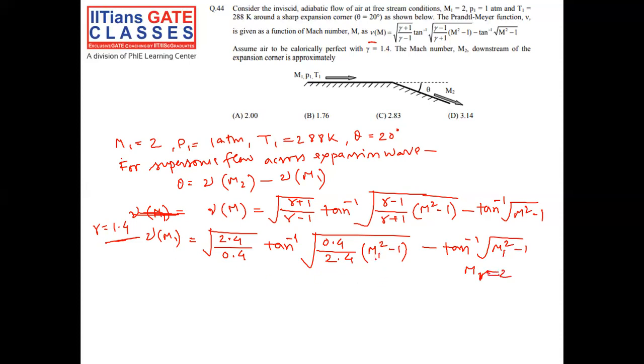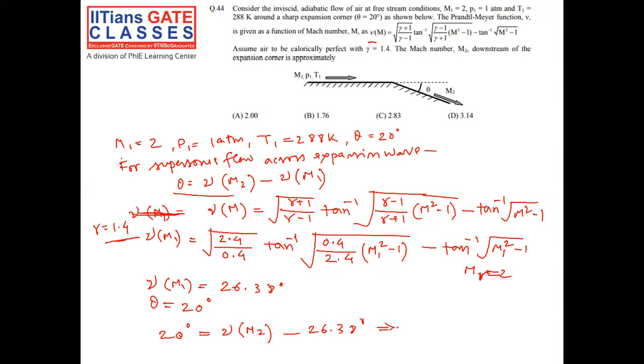If we substitute the value of M1 here, nu of M1 will come as 26.38 degree. Now theta is given as 20 degree. So we can write 20 degree equal to nu M2 minus nu M1, which is 26.38 degree. So from that we will get nu M2 as 46.38 degree.